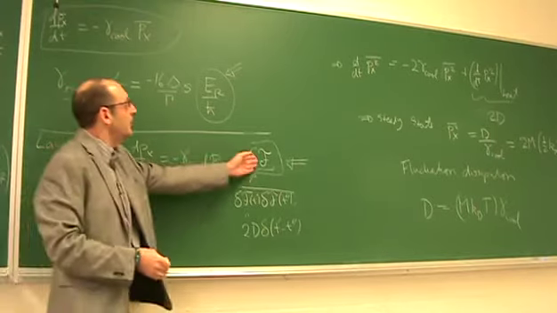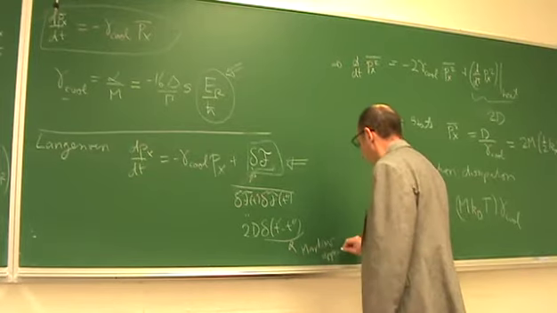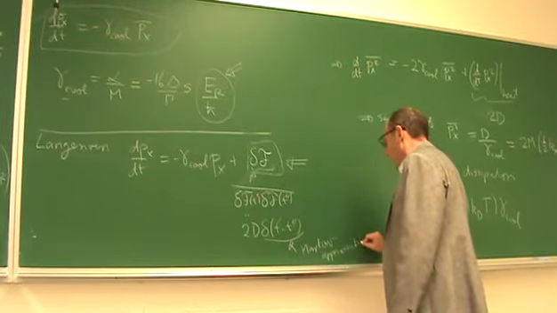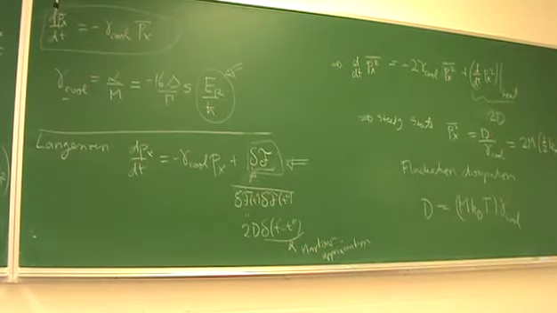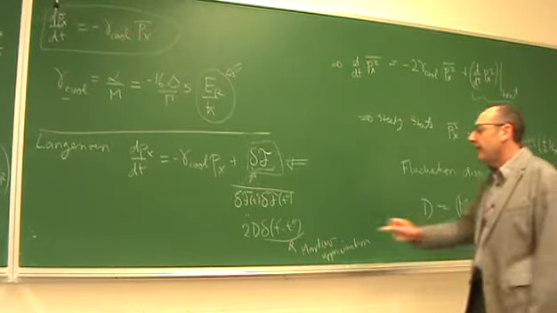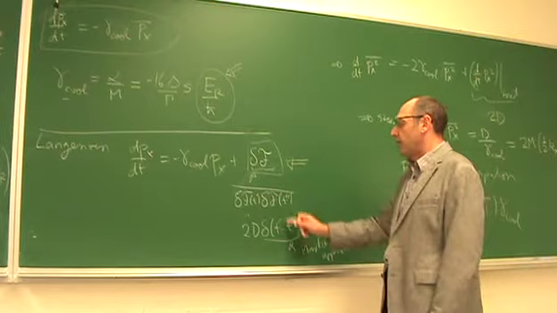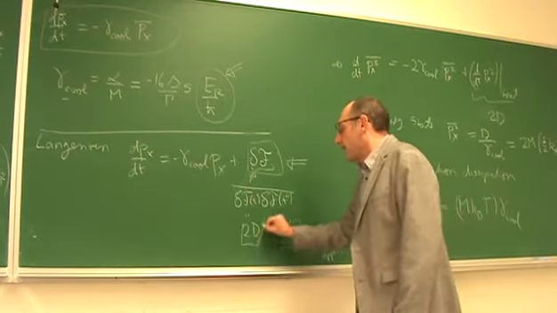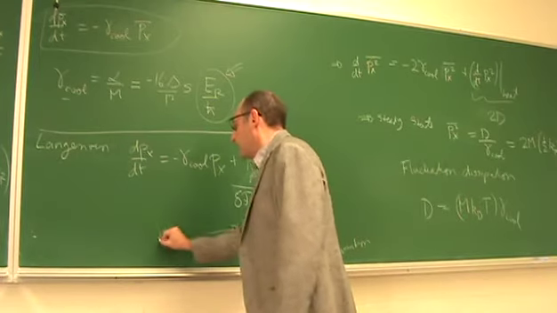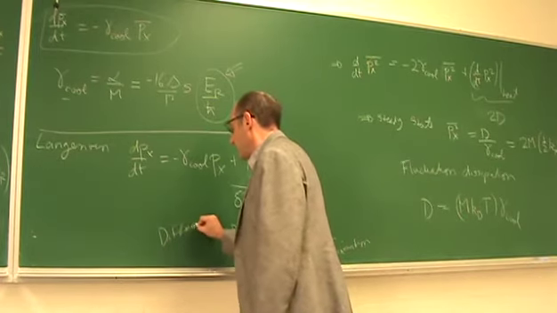Under the assumption of the so-called Markov approximation, that is to say that the correlation time is essentially negligible compared to the time scale over which the atom's momentum changes, then we have a delta correlated force, that's to say correlated in time, with a strength that is related to what we call the diffusion coefficient.